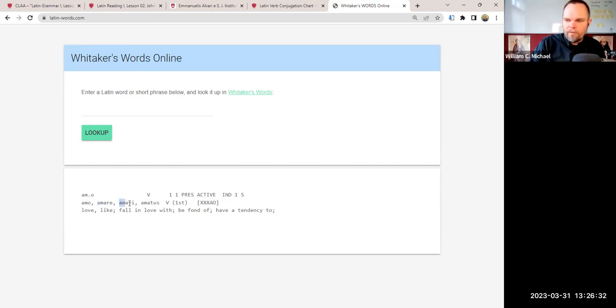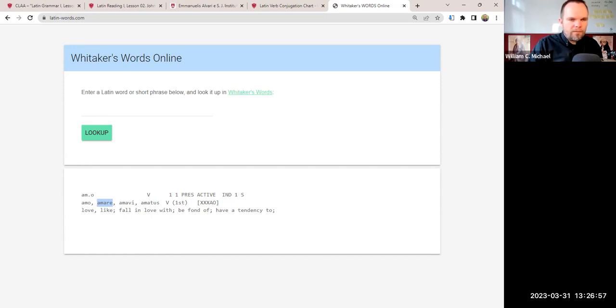And then it tells me the perfect form is amavi, and the participle is amatus. So it gives me the 4 forms that I need to know all of the forms of this verb. And I see that the infinitive form ends in ARE. So this is a first conjugation verb, okay?